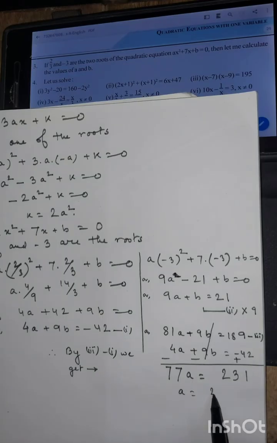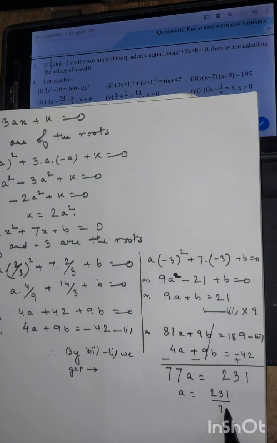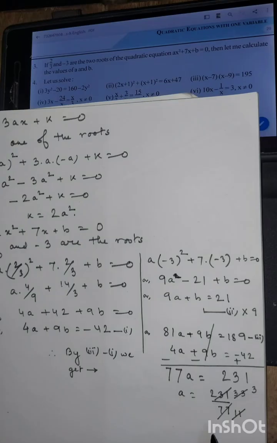A equal to 231 by 77. If we cancel this by 11 by 7, we get 11, and similarly we can cancel it by 7, we are getting, so now we cancel it again, we are getting 3. So A equal to 3.